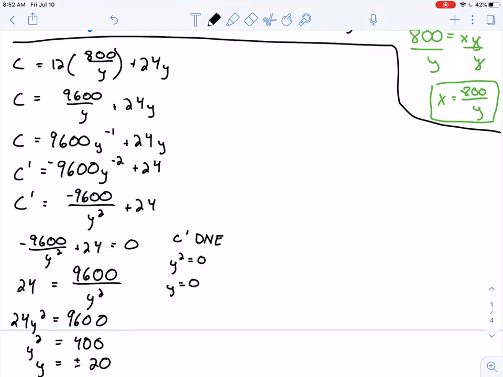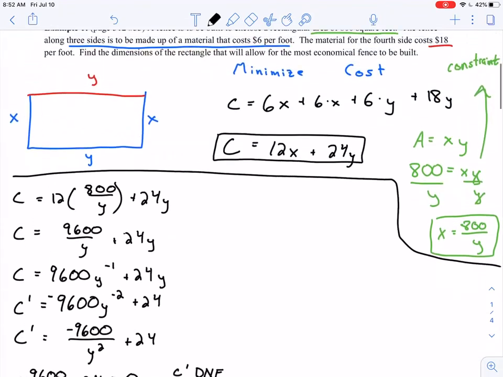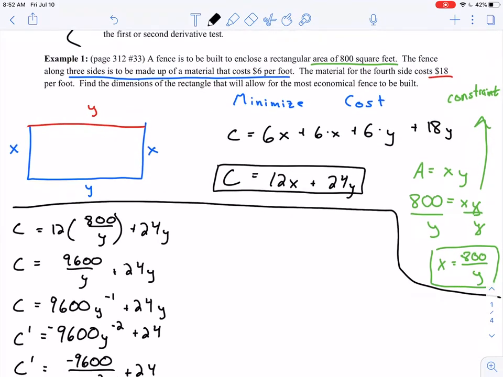So now I've found my critical numbers. I want to find my domain, or sometimes I'll call it the interval of interest. These are simply the values of y that make sense for our problem. If I look at what y represents here, y represents some side of my rectangle.